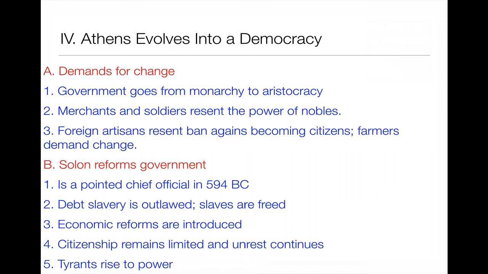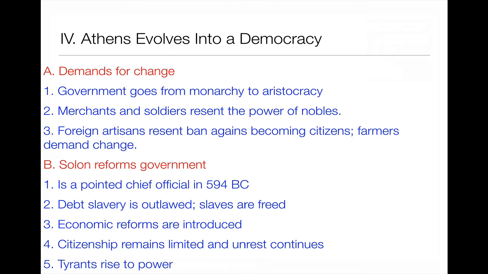And then some of the economic reforms are that he encourages the export of wine and olive oil, which in return helps the farmers because now there's an increase of demand on wine and grapes for these goods. So he's able to help boost the economy again.